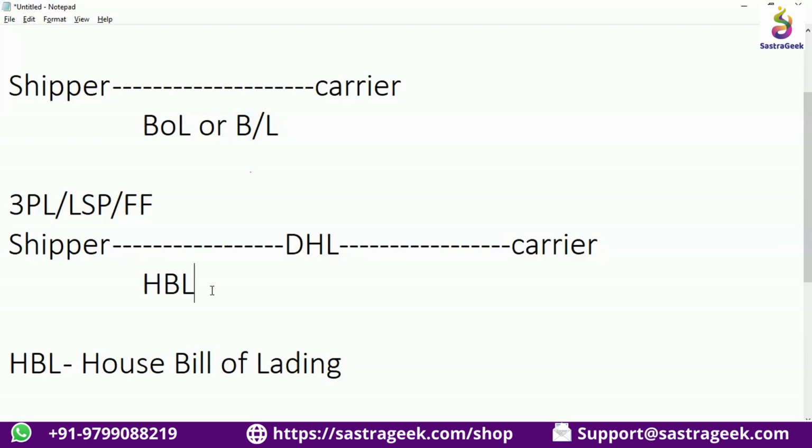Okay. Yes. So you have your HBL and BOL definitely for different kinds of cases for every shipment. Whenever you receive or send out something, that receipt is referred to as the house bill of lading only.